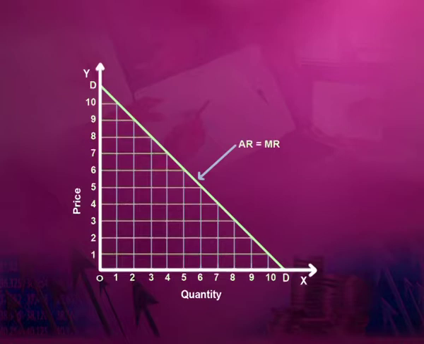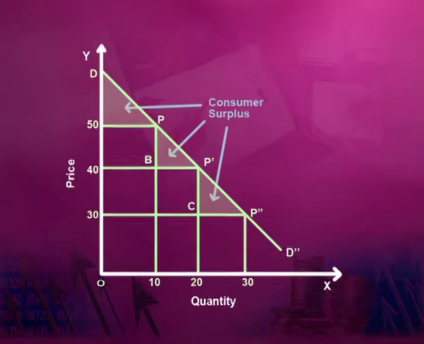There are different types of price discrimination in monopoly based on degrees. First is first degree price discrimination, meaning charging the maximum price consumers are willing to pay. Second degree price discrimination means charging different prices depending on quantity consumed.